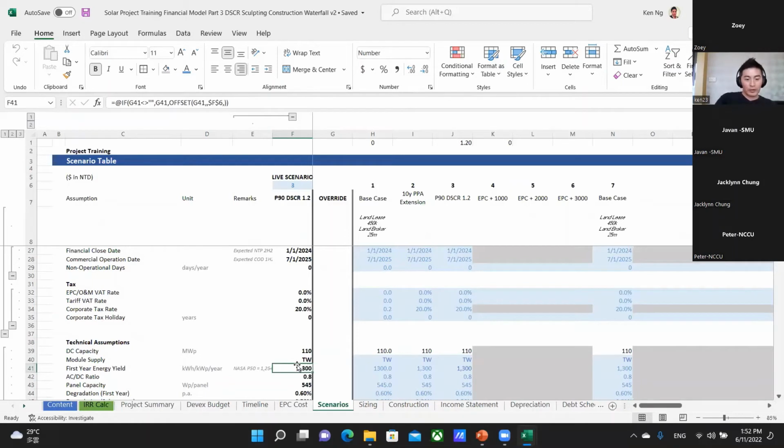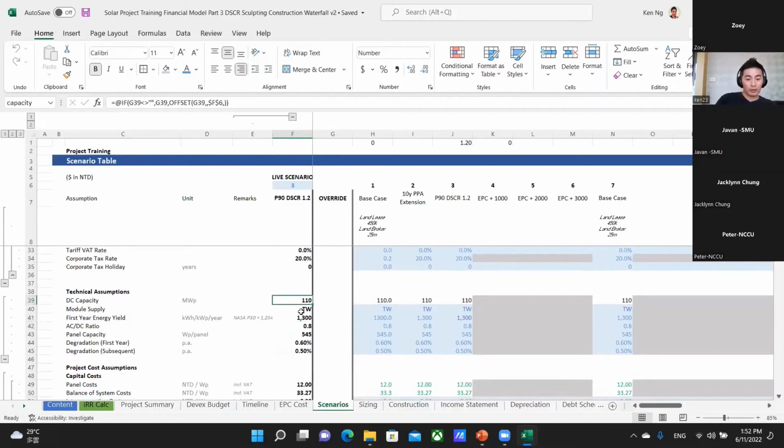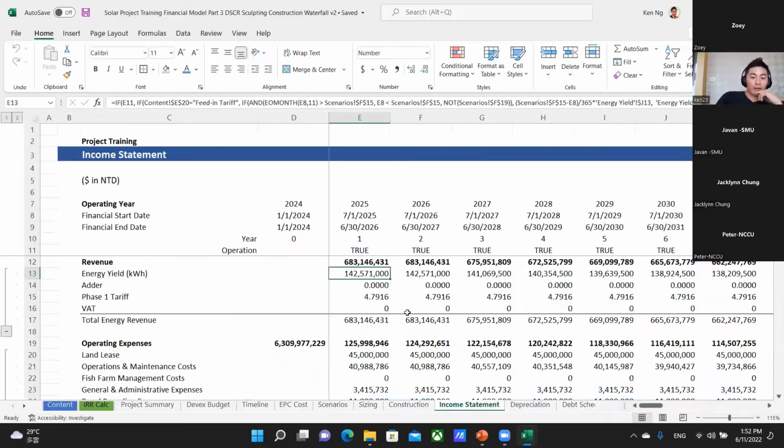The 1300 multiplied by the 110 megawatts assumption will get us the annual energy production. But then we need to degrade it at 0.6% per annum for the first year and 0.5 thereafter, every year after that. And that would get us the energy yield in kilowatt hours here for 110 megawatt projects.